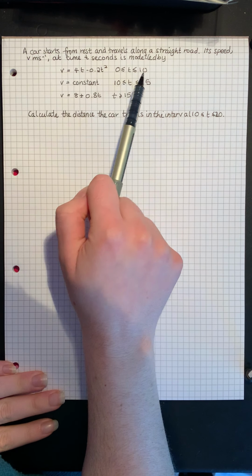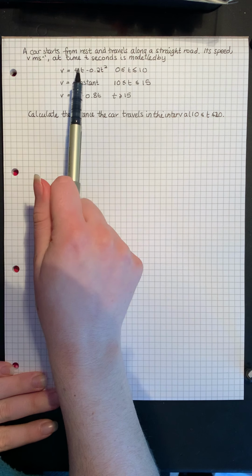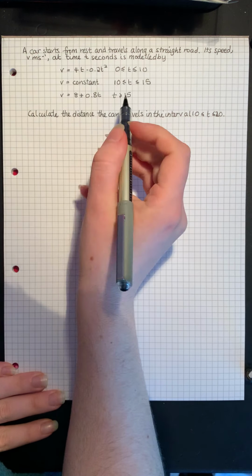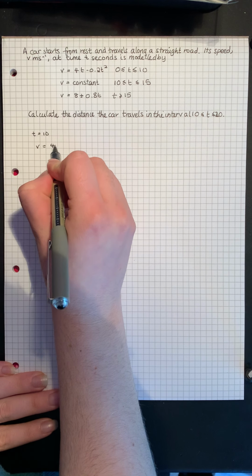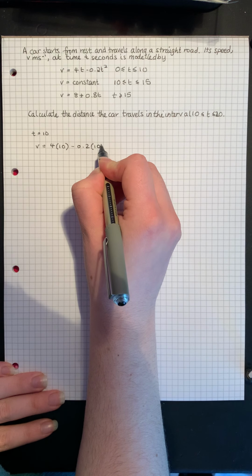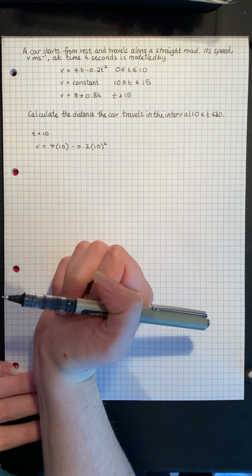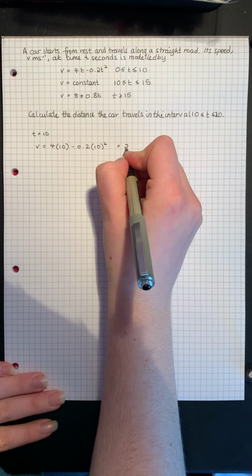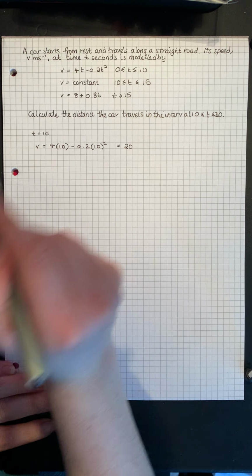But since 10 overlaps between both of those, if we substitute 10 in, when t equals 10, v equals 4 times 10 minus 0.2 times 10 squared, and that ends up being 20. So between 10 and 15, v equals 20.